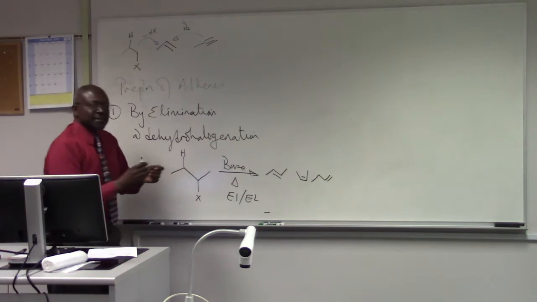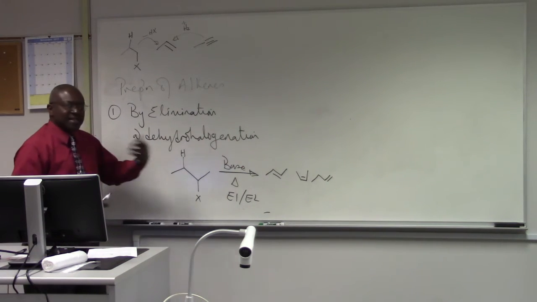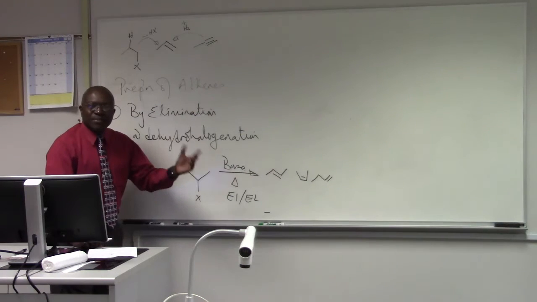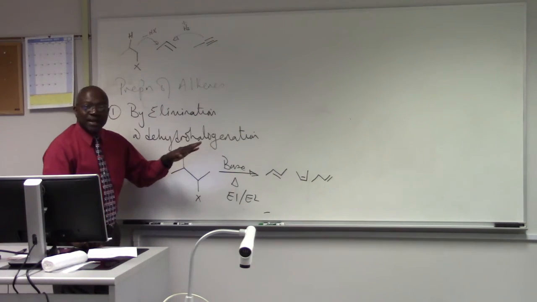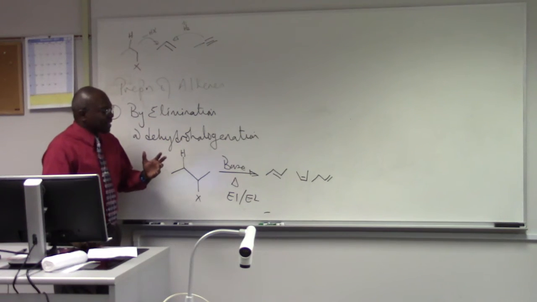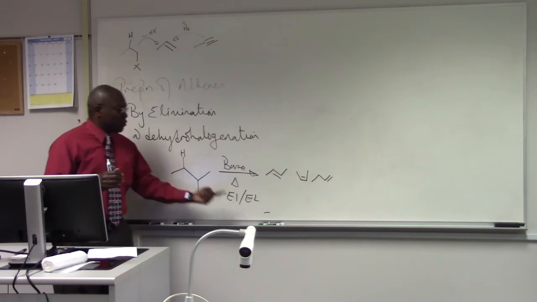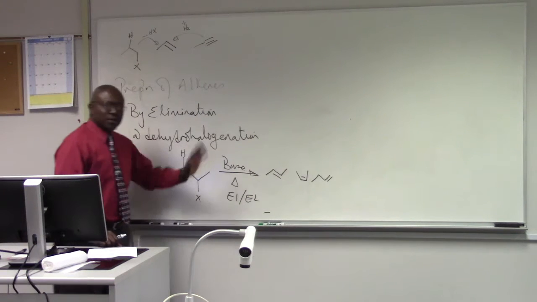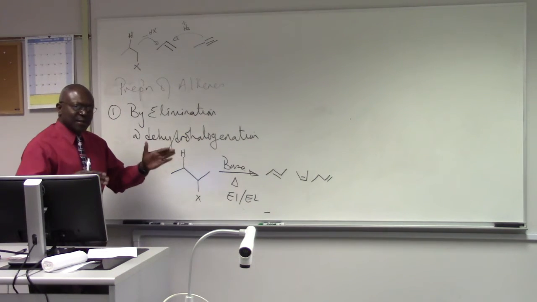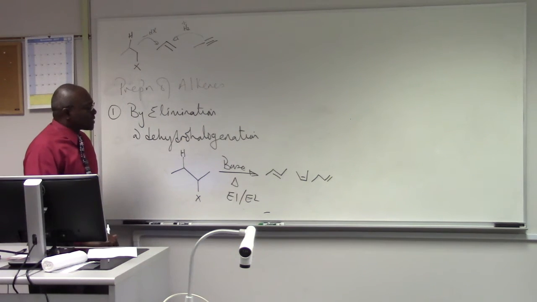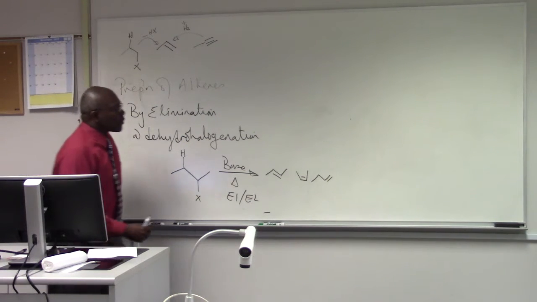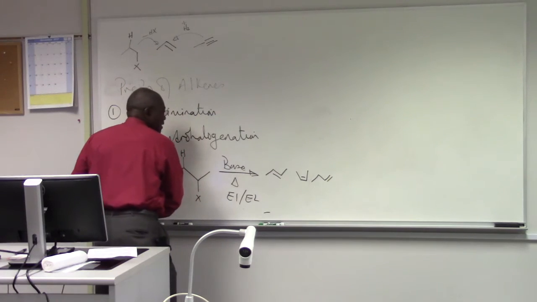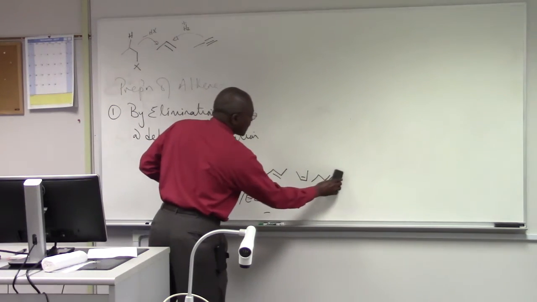All of those factors that we talked about in terms of Zaitsev's rule, the size of the base, and all that kind of stuff, will apply. And the various factors that push the reaction along the unimolecular pathway and the bimolecular pathway apply as well. So I'm not going to get into that in any detail because that was covered extensively when we looked at E1 and E2 reactions. What is new will be the dehydration reaction.